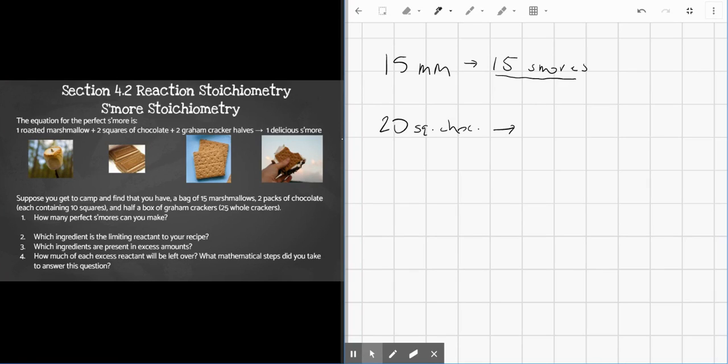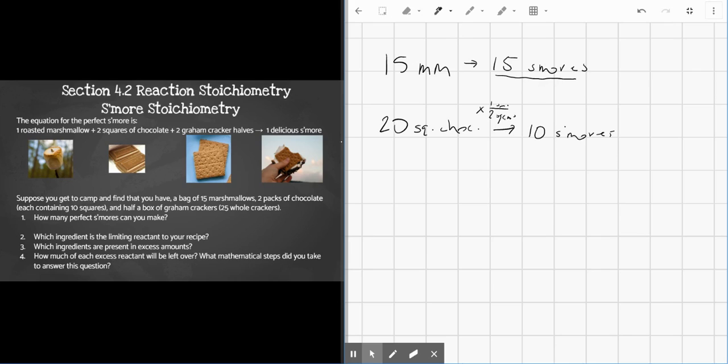So mathematically, I would multiply by 1 s'more over 2 squares of chocolate, so I'm dividing by 2. This stuff is easy to do in our heads, but we're not going to have nice, pretty numbers like 20 and 2:1 for our actual chemistry example. So we would divide by 2, and that would lead us to 10 s'mores.